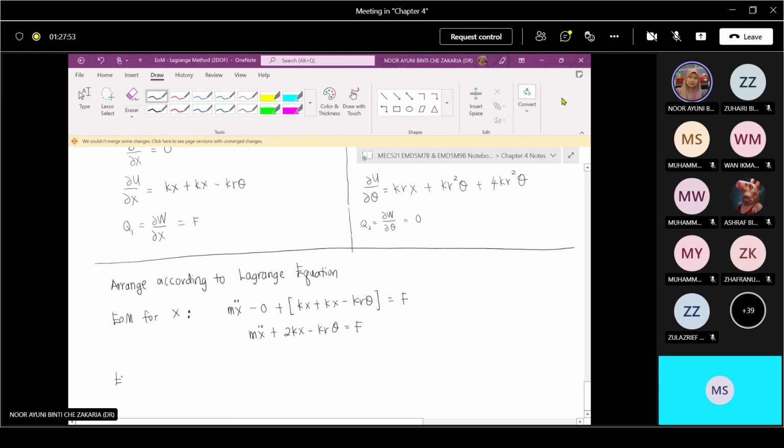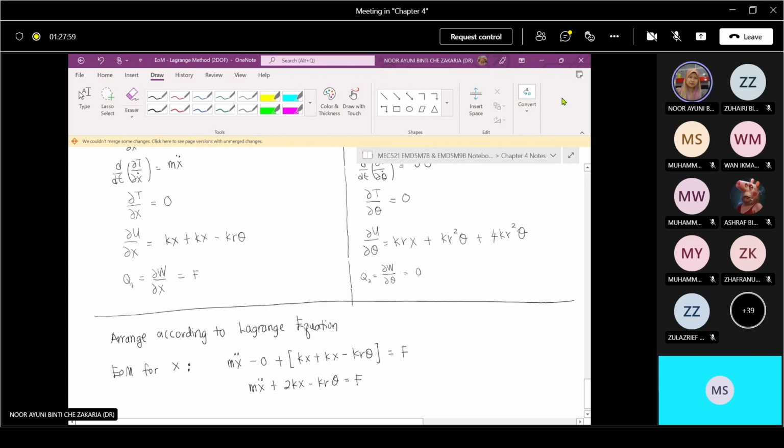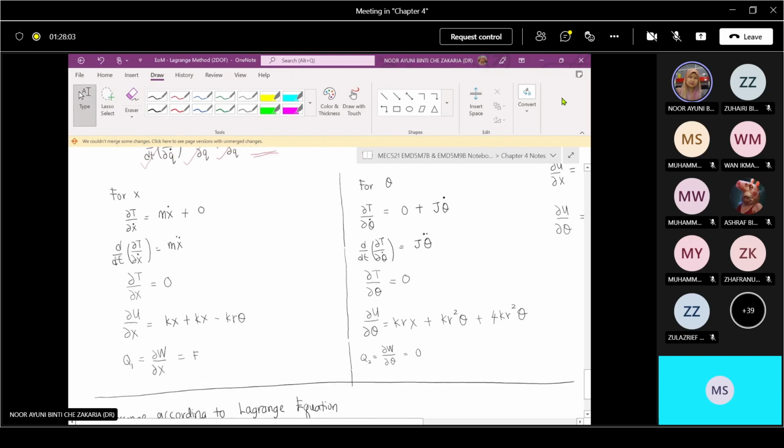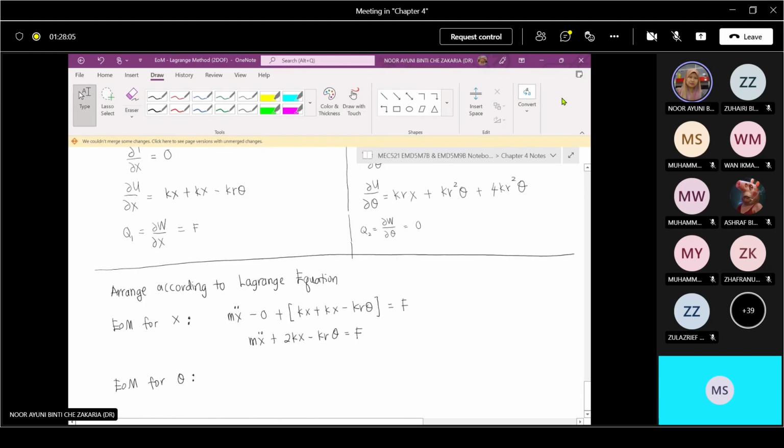And then equation of motion for theta. Okay, look at the one that you have done here for theta. So J theta double dot minus 0 plus u.